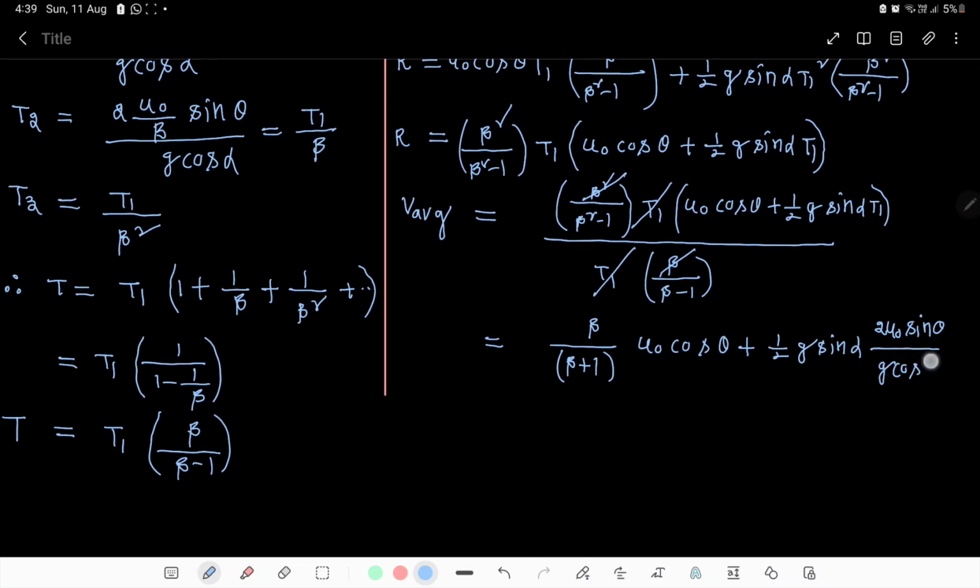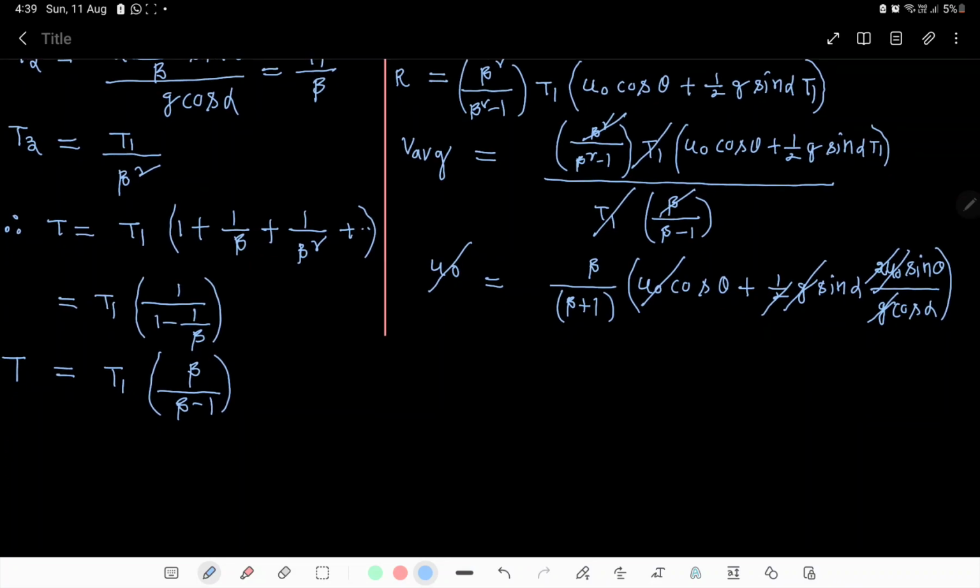So this overall will be equal to u0. Therefore this u0 gets cancelled, this 2 and this 2 also get cancelled, this g and this g also get cancelled. Therefore we have 1 equal to beta by beta plus 1 cos theta.